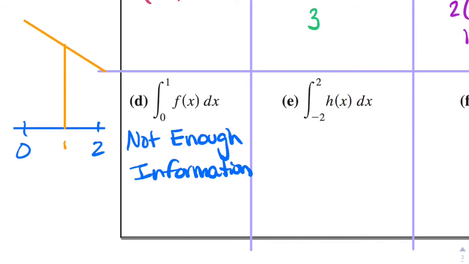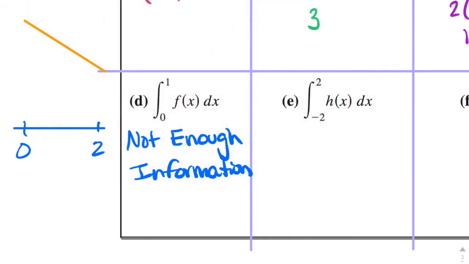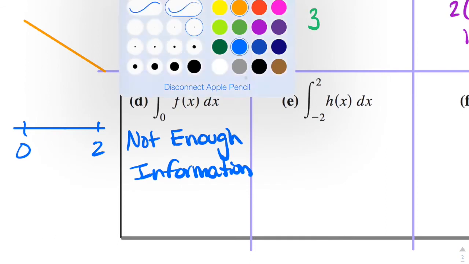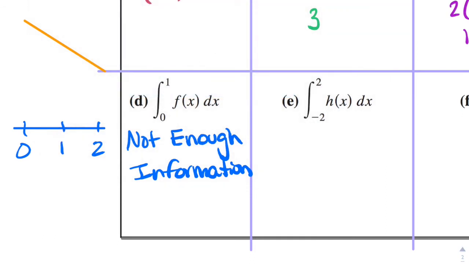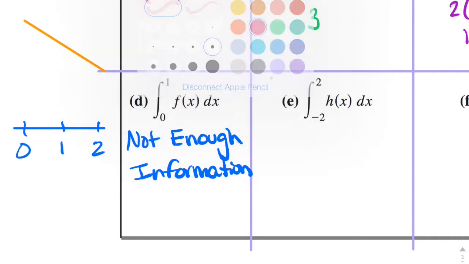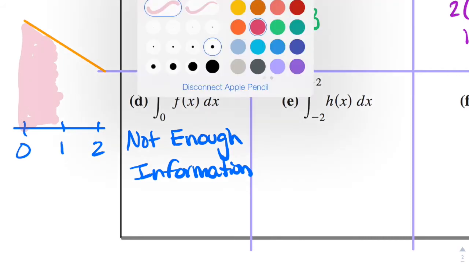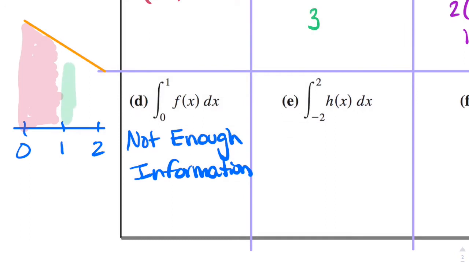Let's say I had a linear function, and I had area here. You'll agree there's some area between 0 and 1, which I'm trying to approximate here. And then let's say I also had some area from 1 to 2.